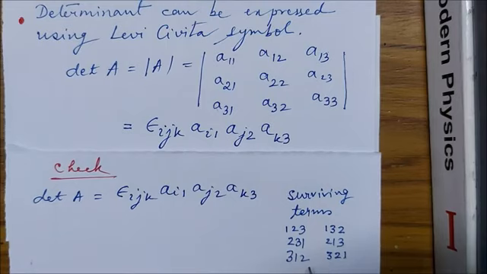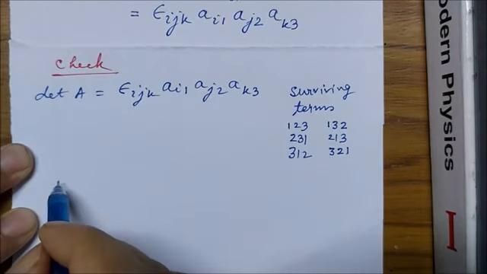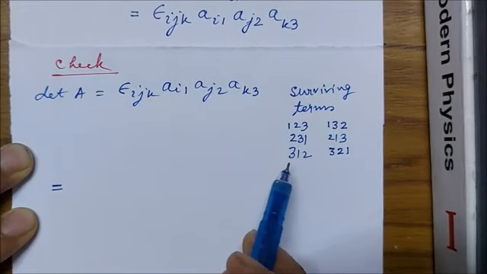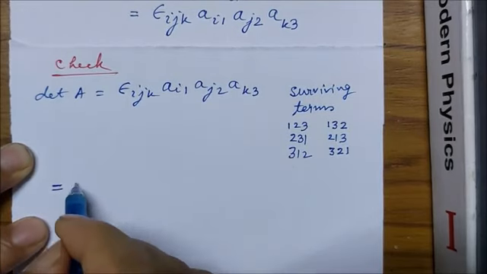Besides these 6 terms, we have 21 more terms, all of which are 0, and together Levi Civita symbol has 27 components. So we shall now write down only the 6 components because others are 0.